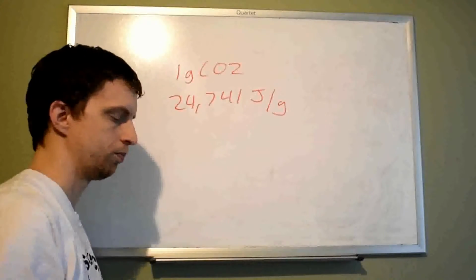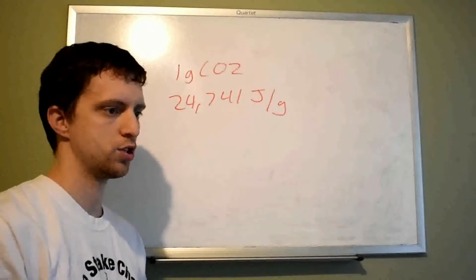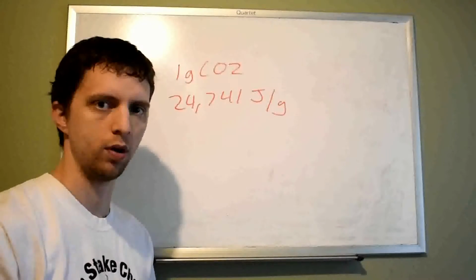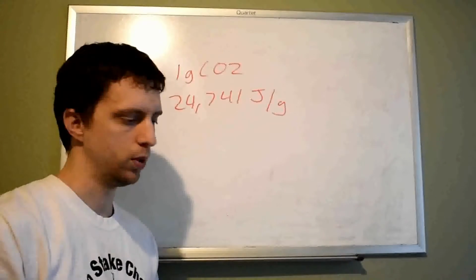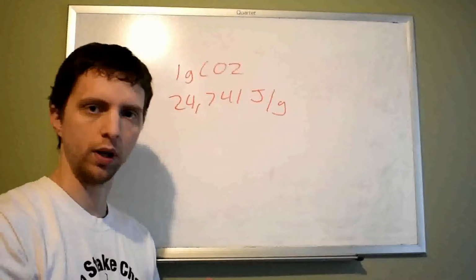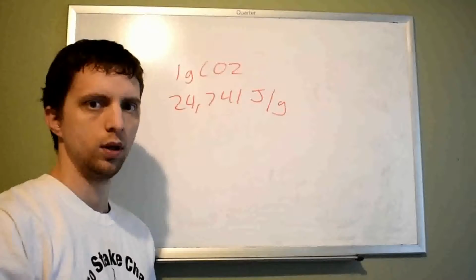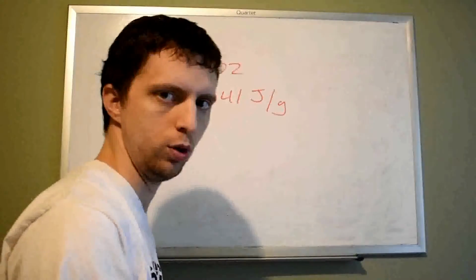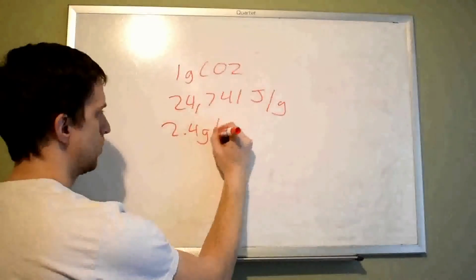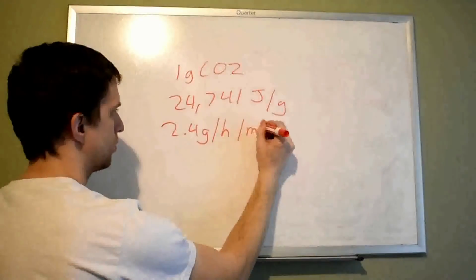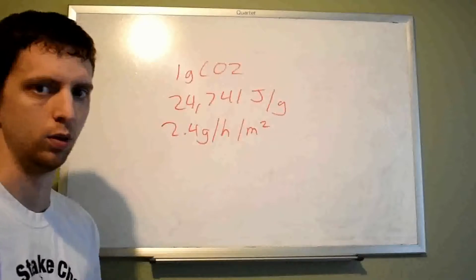And let's imagine your plant has a certain CO2 consumption rate per unit area. I searched on the web, 2.4 grams seems like a pretty good number for CO2 consumption. So that's 2.4 grams per hour per meter squared of CO2.